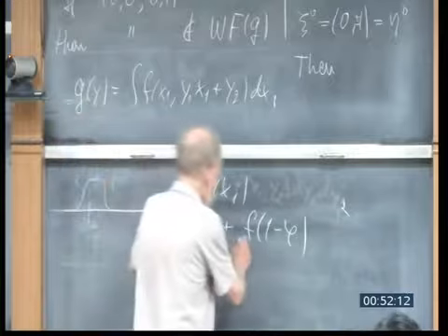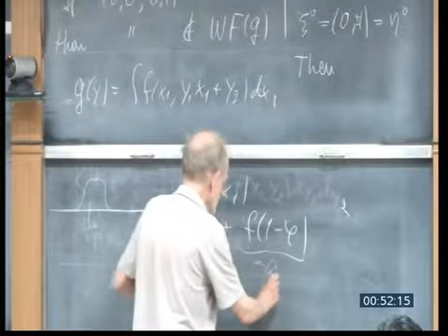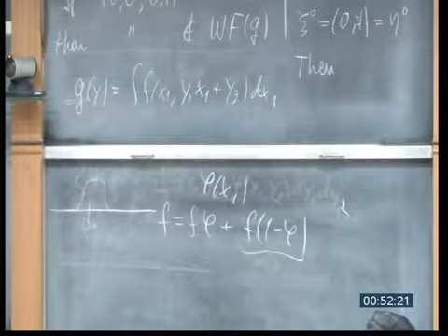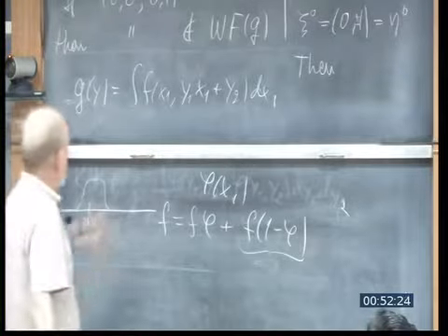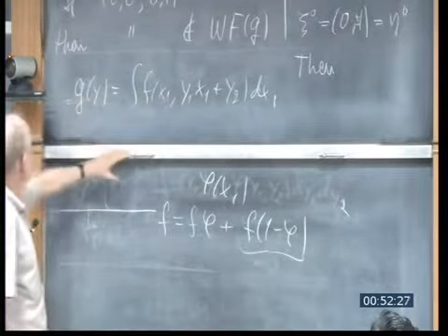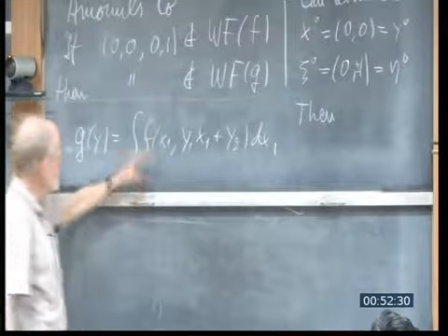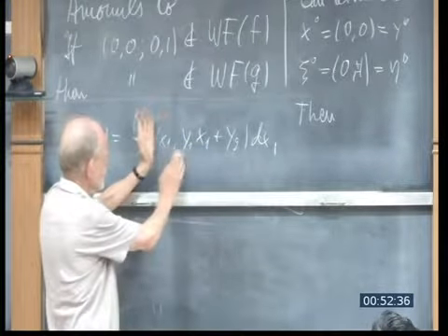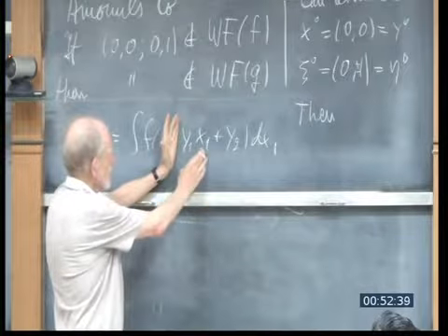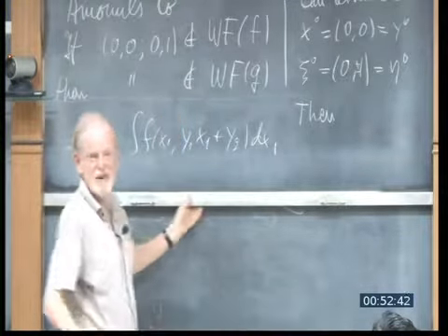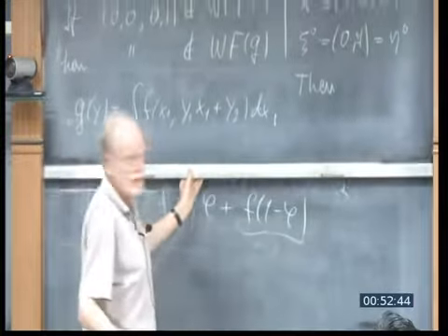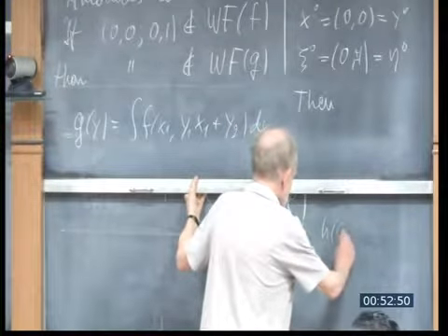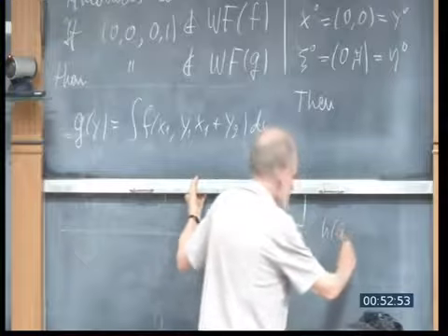So this part is 0 in the neighborhood of the origin. I claim that this part cannot contribute to the wavefront of G near the origin, because if you look at this as a function of y for a fixed x1, if x1 is different from 0, it's of the kind that we talked about a lot earlier, namely a function which is constant on lines in the y plane.